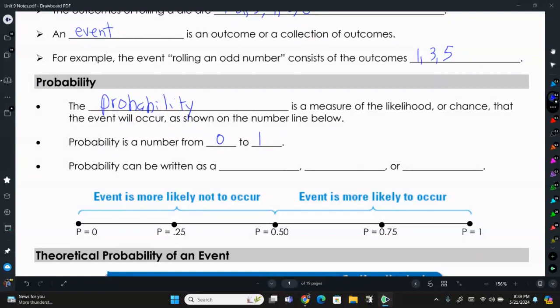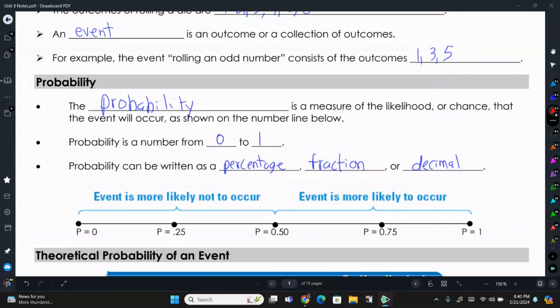You probably think of probability as a percentage, or a fraction, and not necessarily as a decimal, but that's what it comes down to. Like, we know percentages can be rewritten as decimals, and fractions, if we divide out that fraction, that will give us a decimal. So we're going to be talking about probability in all three forms here.